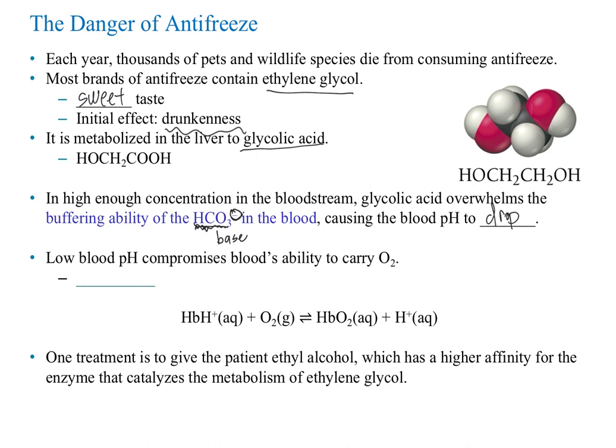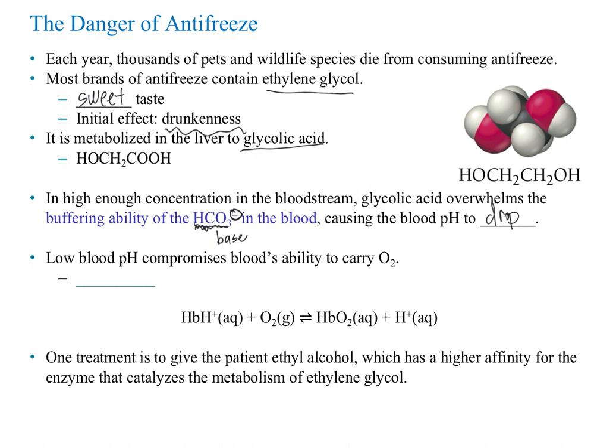So the glycolic acid will react with the bicarbonate, which is buffering your body's blood, keeping the blood at a really great pH. But if your bicarbonate gets all used up, then you're going to have too much glycolic acid. And this makes it hard for your body to carry oxygen around in your blood.